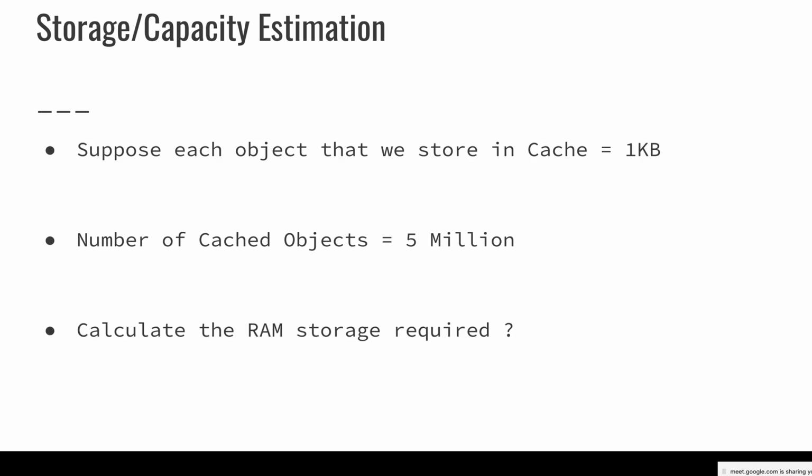Can you quickly calculate how much RAM storage I'm going to require? May I have quick answers on the chat board, please? How much space or RAM storage am I going to require to store 5 million objects of 1 KB each?